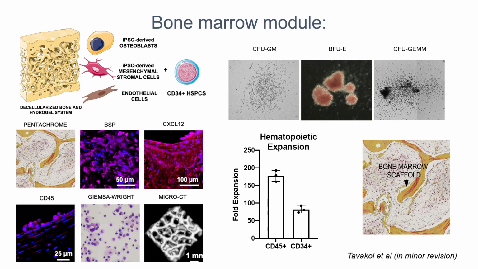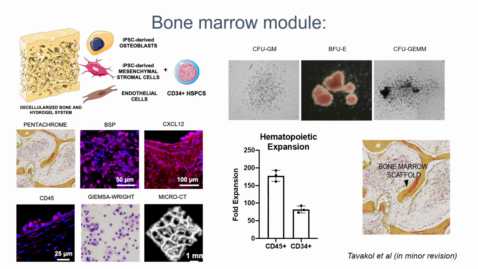Much more recently, we started to populate this bone niche with another type of cells, which are hematopoietic cells, CD34 positive cells. We started by just getting primary cells from the body, and then about a year ago, we started deriving these cells again from iPS for reasons that I explained to you.